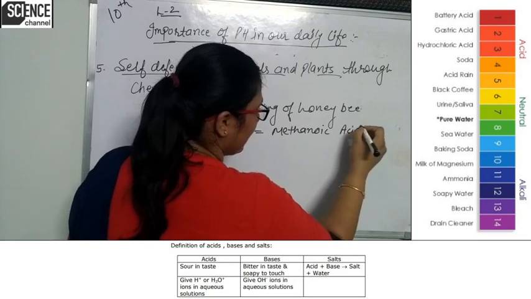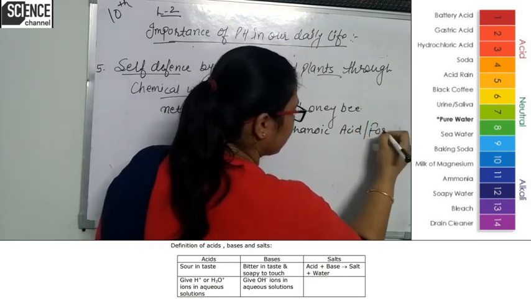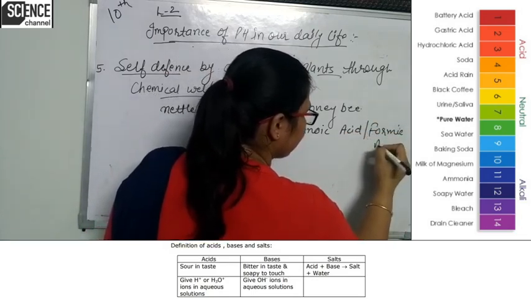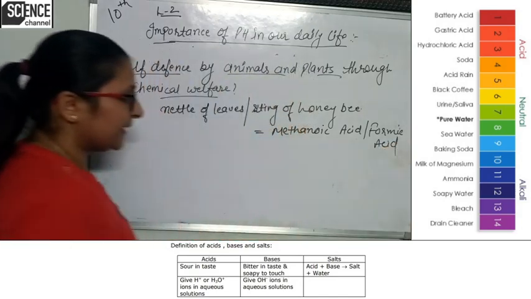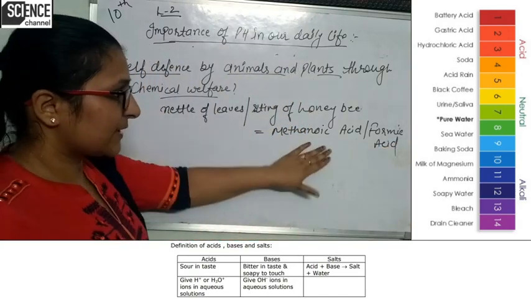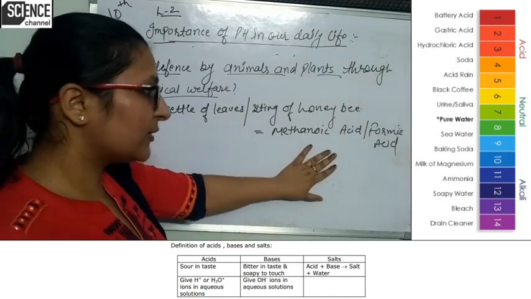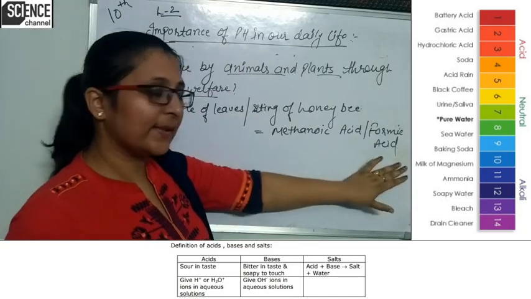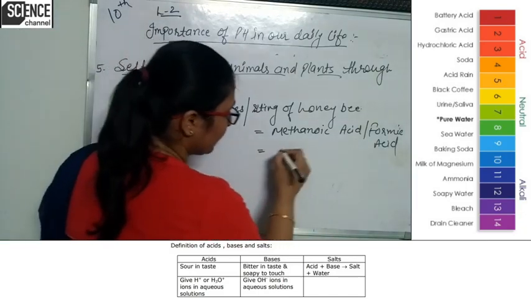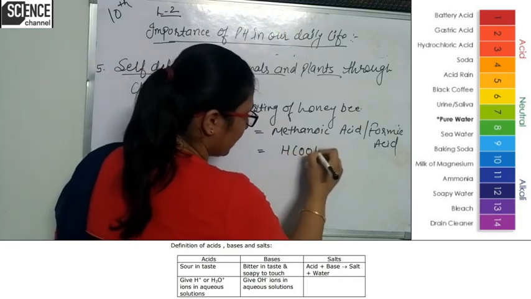Methanoic acid, or formic acid. That is in the nettle of a leaf or the sting of a honeybee. That is methanoic acid, or we can say formic acid is present. And what is its formula? HCOOH.